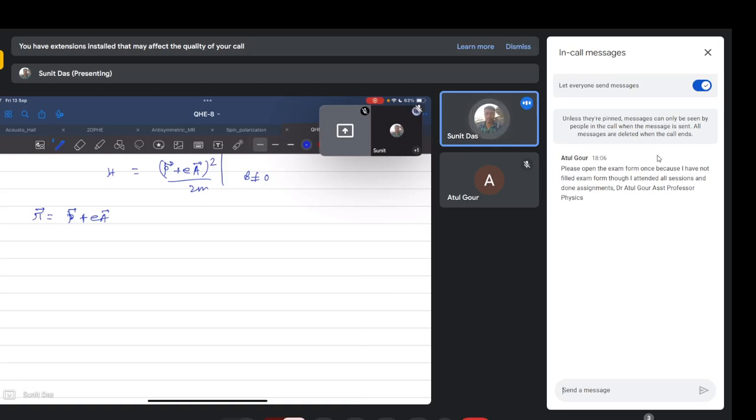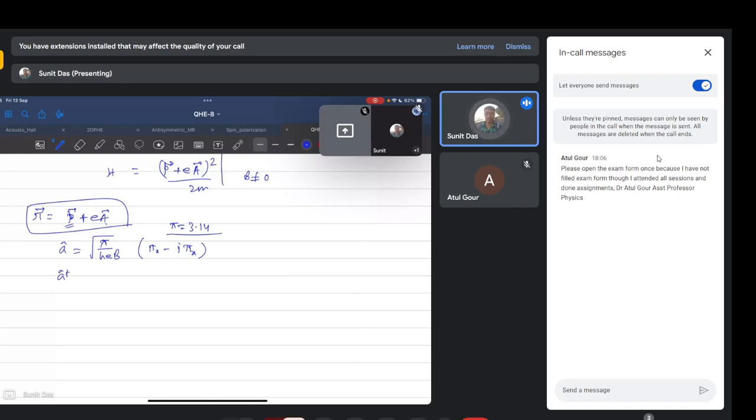So define the lowering operator A as root over pi by heB, pi x minus i pi y. So this pi is just 3.14, the value of pi, and this pi is the operator, the generalized momentum. It includes the conventional momentum plus the effect of the magnetic field via the vector potential.